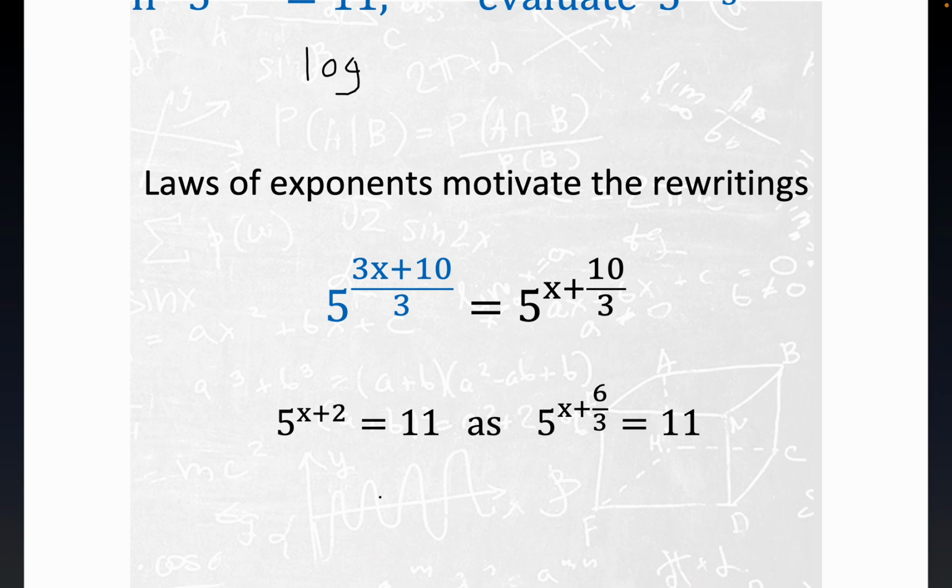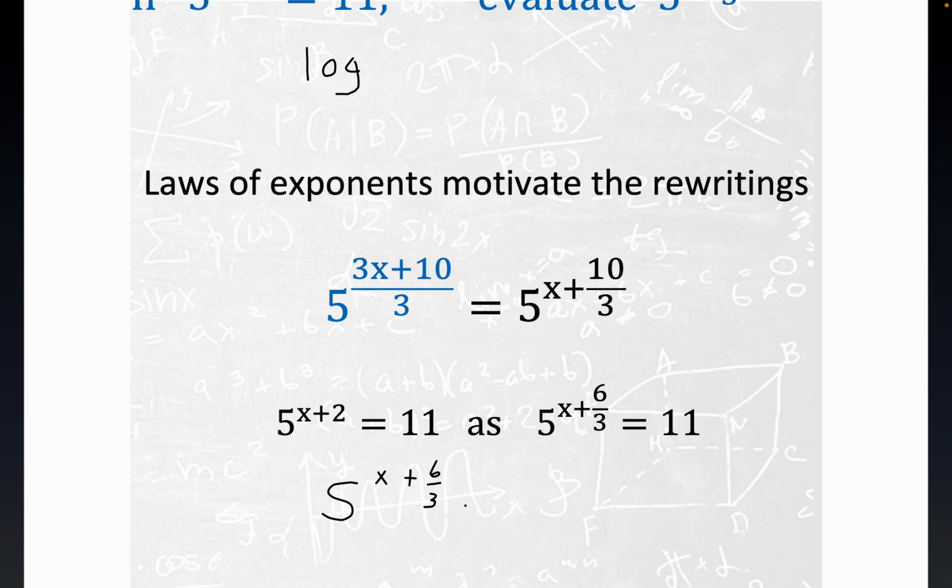You can just take 5, and again, this is just a rewrite of our given, okay? But 5 raised to the x plus 6 over 3. Now, what are we looking for? We're looking for 5 to the x plus 10 over 3.